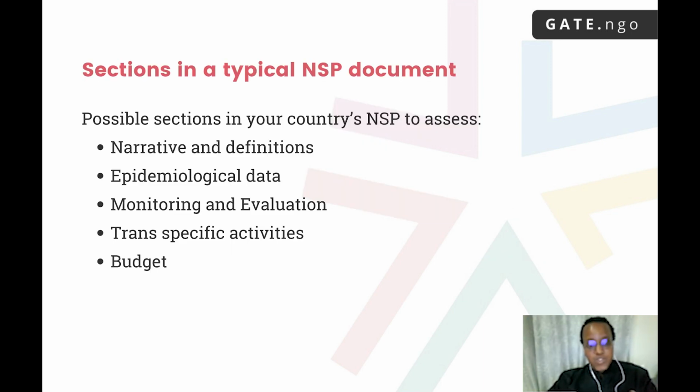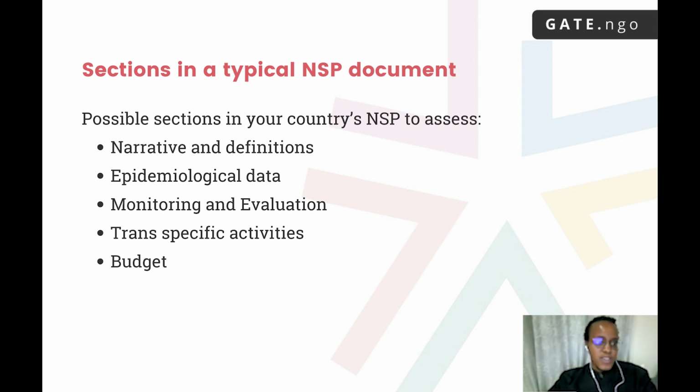NSPs, national strategic plans, all look a little bit different from each other in different countries, but generally they'll all still have the same kind of sections. The first types of sections that you'll find in NSPs are narrative sections, written sections that have definitions and language, usually a couple of paragraphs right at the beginning, an executive summary. There'll usually be quite a bit of writing in NSPs.